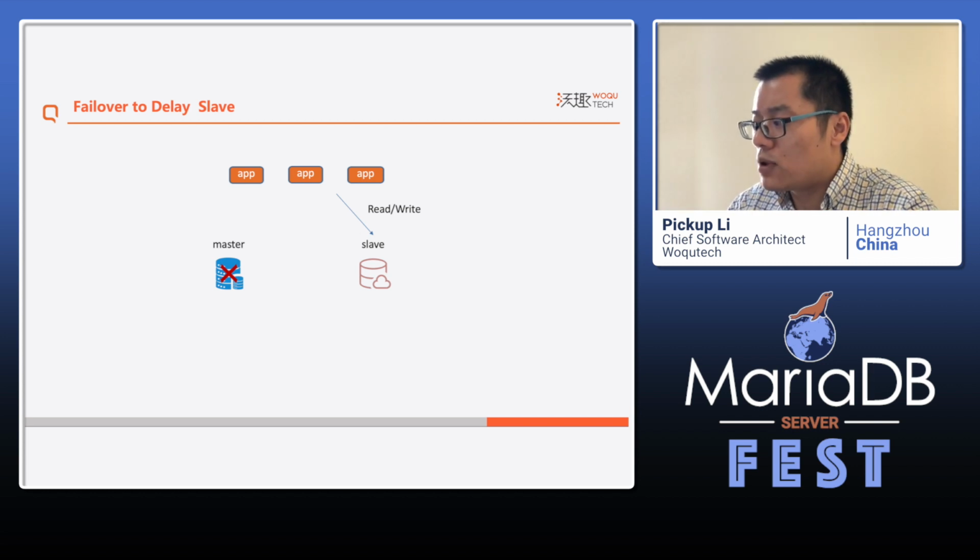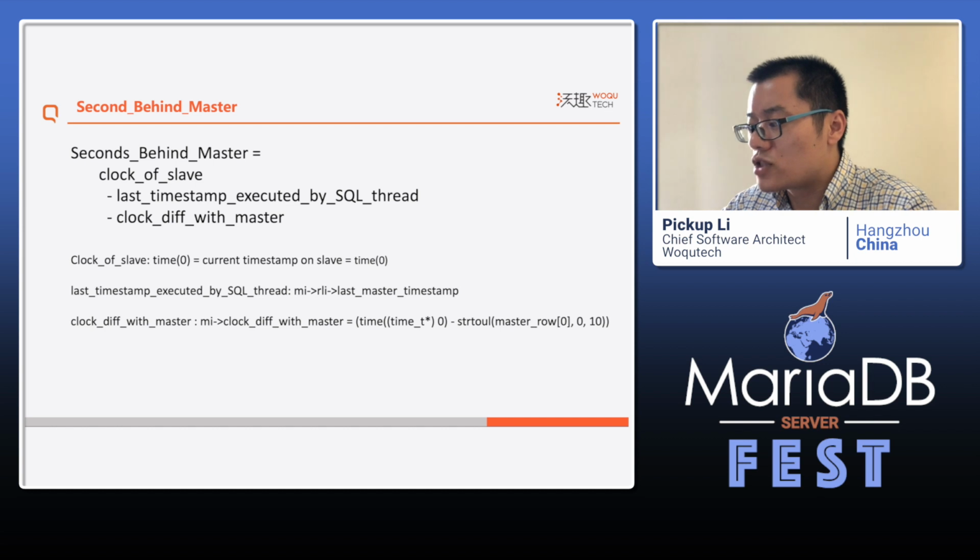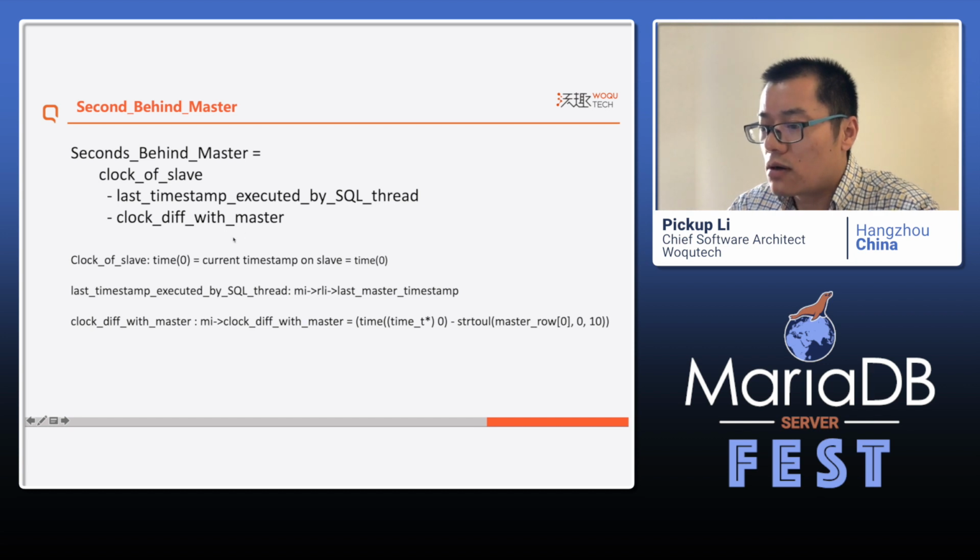To solve the problem of replication delay, we need to know the method of how to get the replication delay. Let's take Seconds_Behind_Master for example. Seconds_Behind_Master equals the clock of the slave minus the last timestamp executed by the SQL thread minus clock_diff_with_master. Clock of slave is the current timestamp of the slave, using time(0) of the C language to get it.